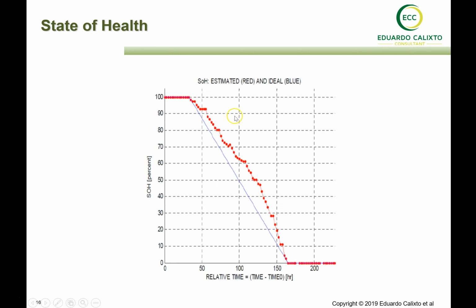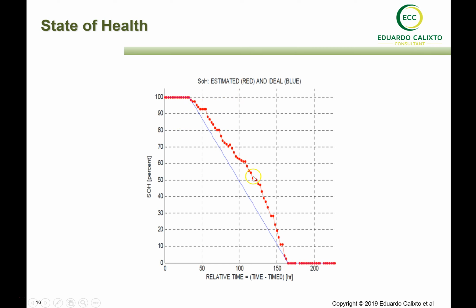Another type of information is the state of health. The state of health demonstrates that this equipment has 100% in the beginning, until this operation time. Then, when new points come in where the system operates over its operation limits, the state of health starts to decrease over time.